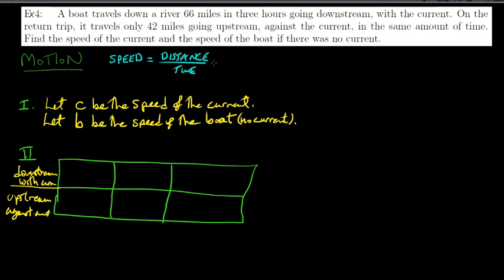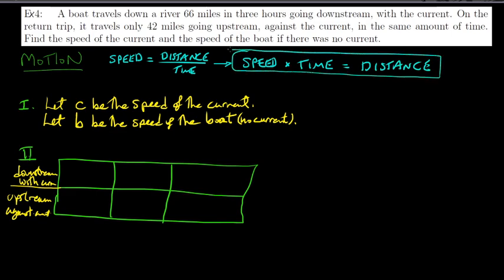But we're going to rewrite this slightly differently. If we multiply by time, we get that speed times time is equal to the distance. So that's the equation we need for our table here. This is speed times time equals distance.